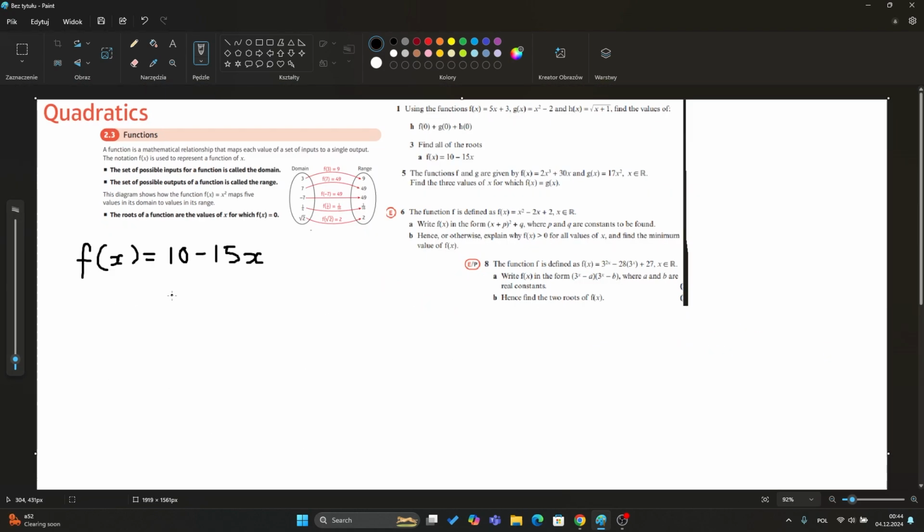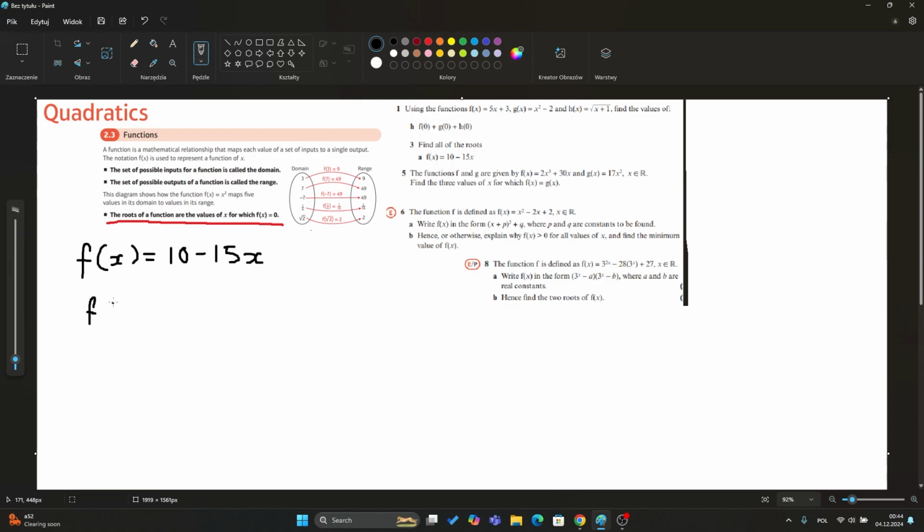And now the function f of x equals 10 minus 15x, and we need to find all the roots of it. The roots of the function are the values of x for which f of x equals 0.